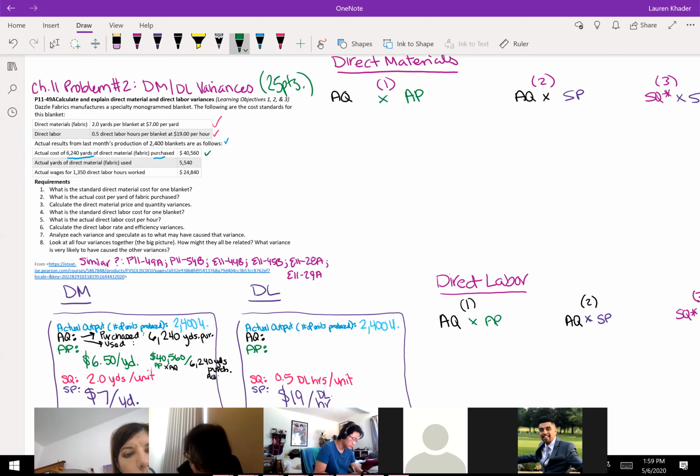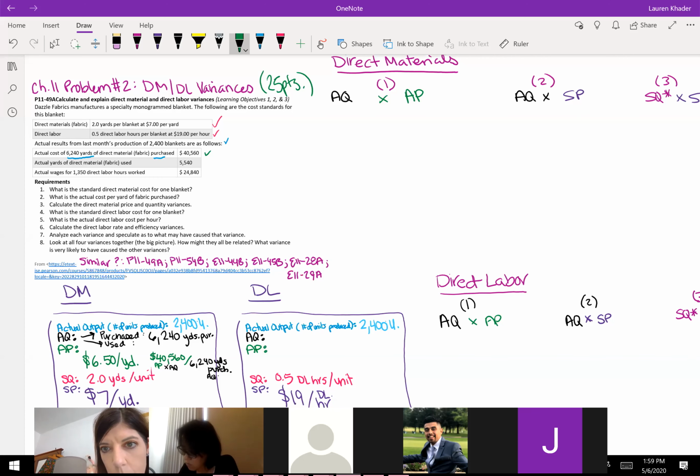Wait, do we round to the nearest 10 cents? On the test, the problem should tell you what to round it to, but I will confirm. 40,560 divided by 6,240. There's no rounding on this one. It's evenly divided to 6.50.